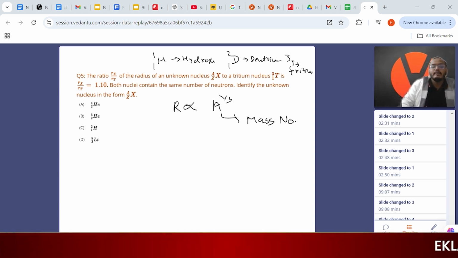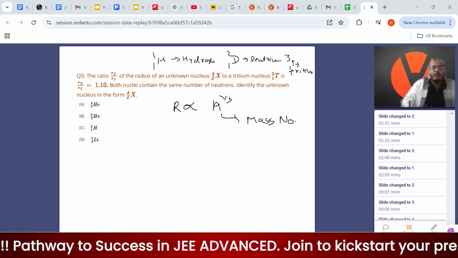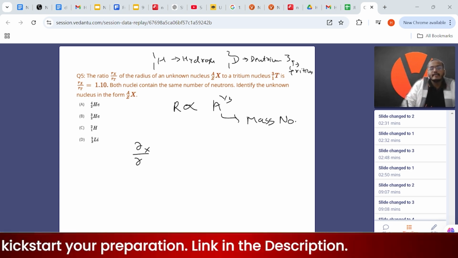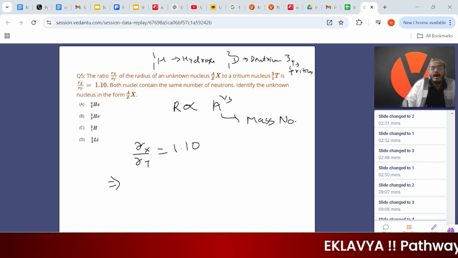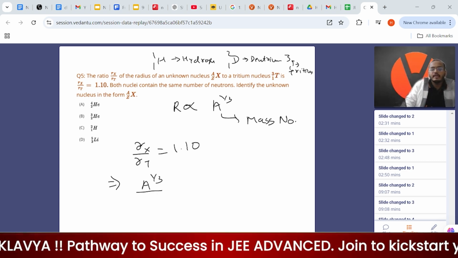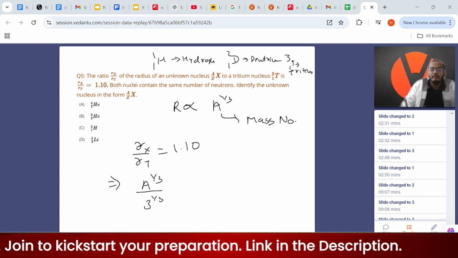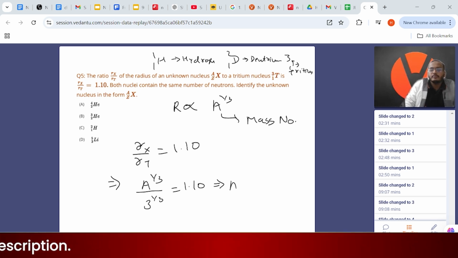These are basically the isotopes of hydrogen, because they have the same atomic number but different mass number. Now for Rx and Rt, the ratio is given: Rx by Rt is equal to 1.10. Let's suppose the total mass number of this is A. So A raised to the power 1/3 divided by the A of tritium, which is 3, so 3 raised to the power 1/3, will be equal to 1.10.